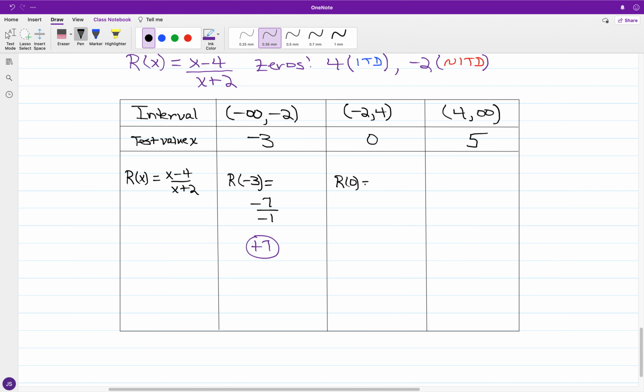In the case of r of 0, we have 0 minus 4 over 0 plus 2, so negative 4 over 2, which reduces to negative 2. In the case of r of 5, we have 5 minus 4 is 1, and 5 plus 2 is 7, so right away this becomes positive 1/7.